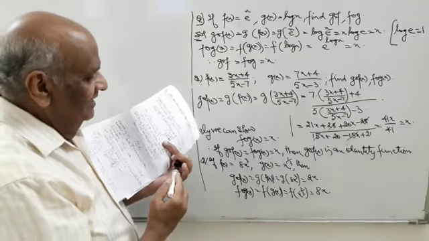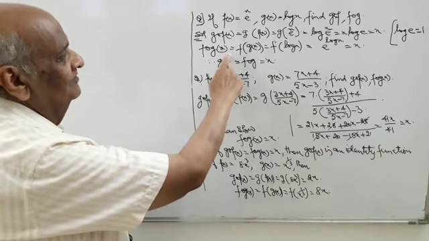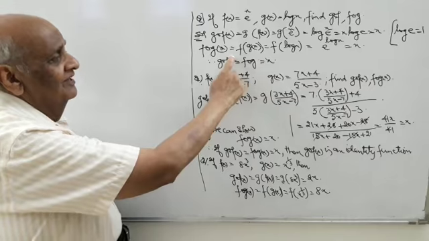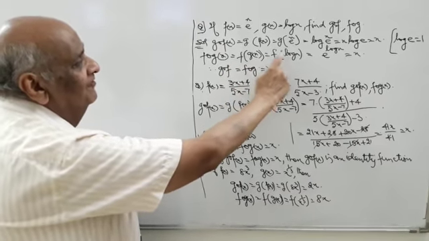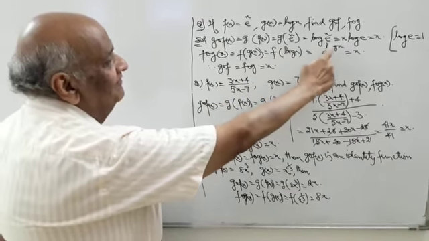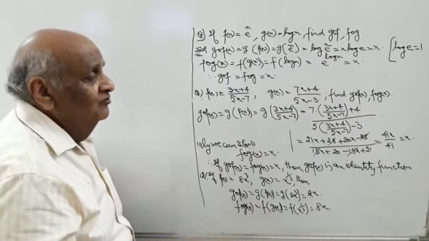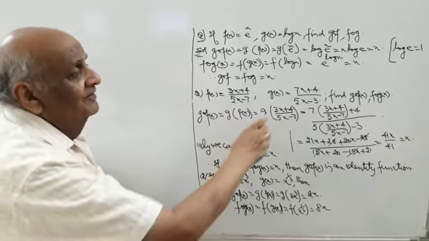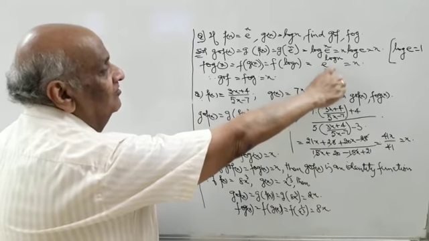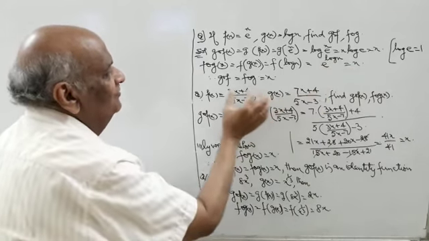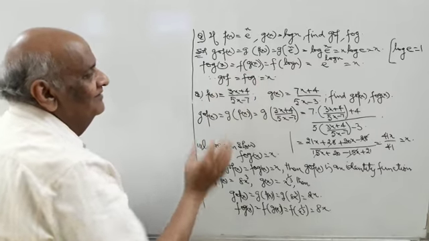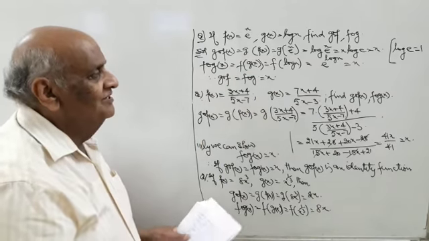Again take out f circle g(x), f of g(x), f of log x, e to the power log x. This is in my previous video, you can check up the list of results. There I told you e to the power log x is equal to x. So we say that g circle f(x) is equal to f circle g(x).